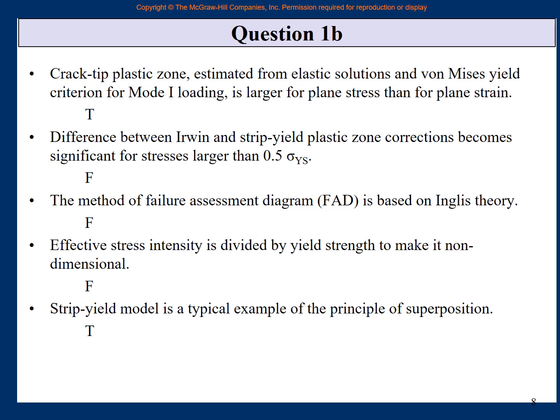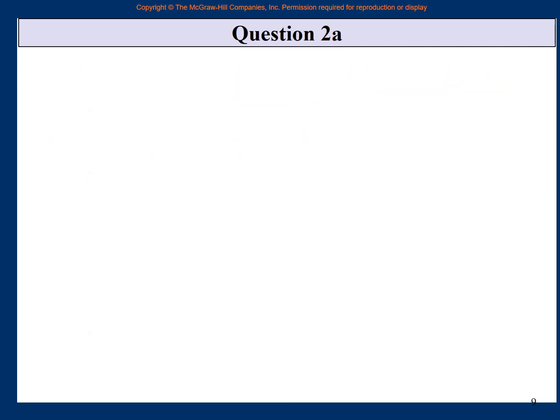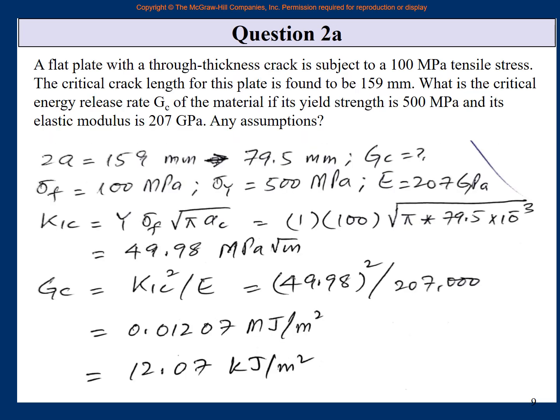So this was the multiple choice and the true false part of quiz 3. Let us now move to the problem. 2a, a flat plate with a through thickness crack is subject to 100 megapascal tensile stress. The critical crack length for this plate is found to be 159 millimeter.